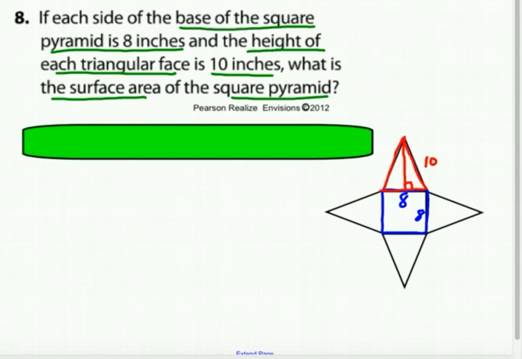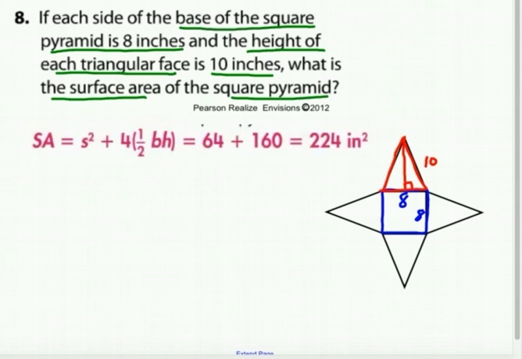All right? So in this case, we would use the formula for the surface area as follows. Okay? And we would do the math like so. First of all, the area of the square would be 8 times 8, which is 64. So we've established that and got that out of the way.